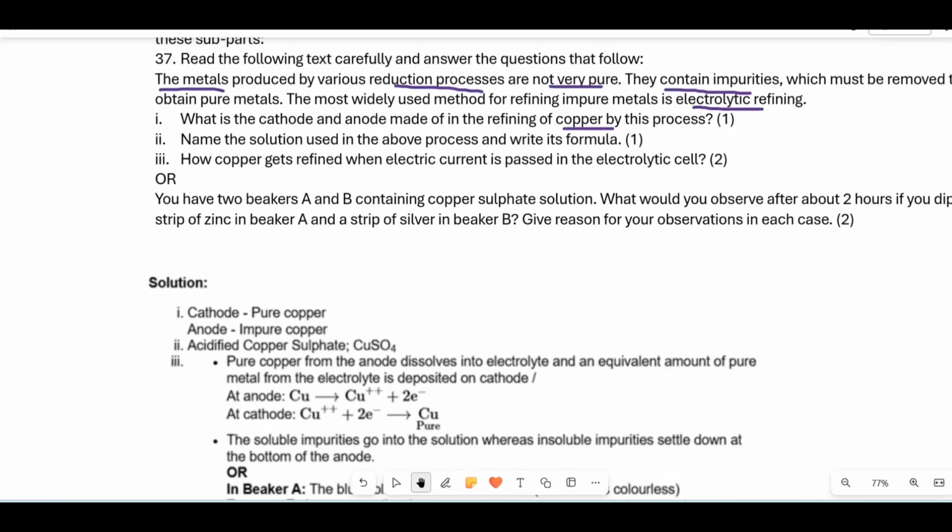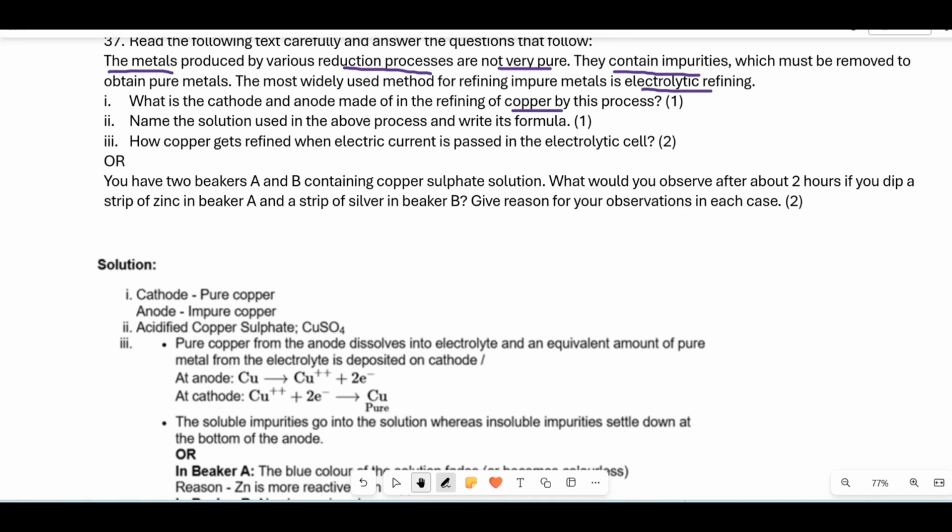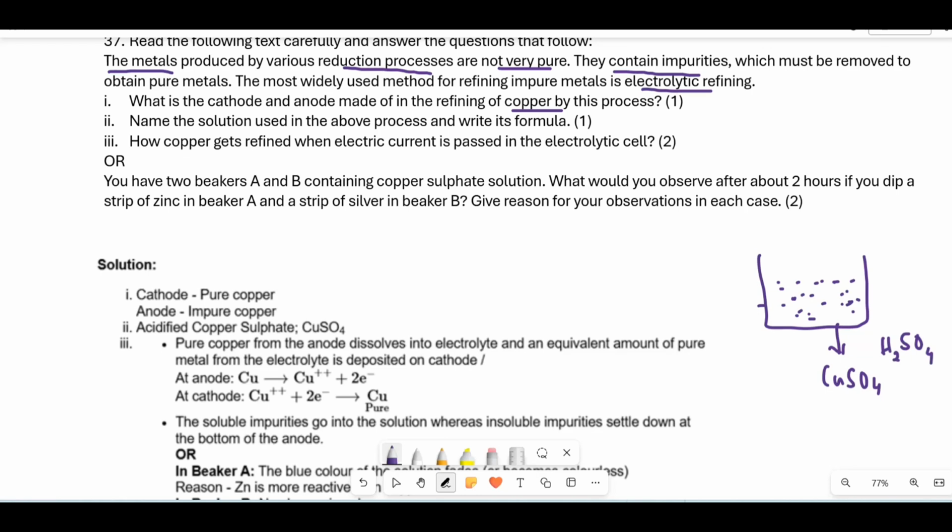So we'll explain the electrolytic refining of copper. In the beaker, you will have copper sulfate solution, CuSO4, and you should add a little sulfuric acid, so it is acidified copper sulfate solution.